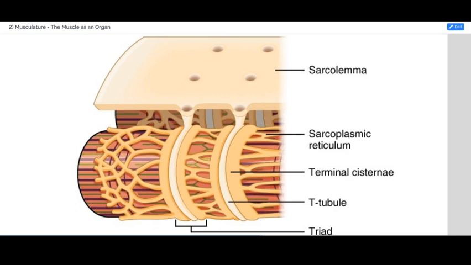The sarcolemma kind of folds in, and tubes wrap around the myofibrils within the structure of the cell. Where the sarcoplasmic reticulum comes up next to the T-tubule is called the terminal cisternae, which is just an enlarged space storing more calcium. Two terminal cisternae and one T-tubule together make up a structure called a triad.